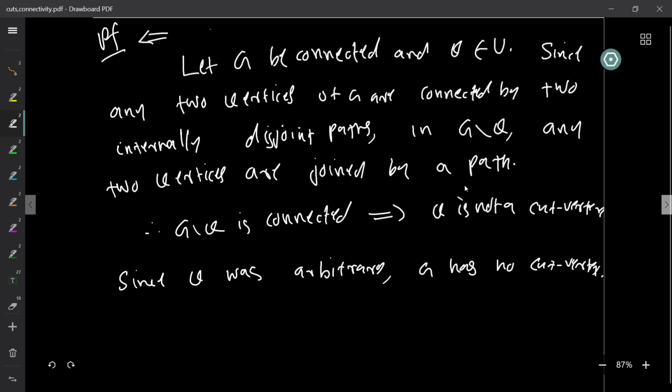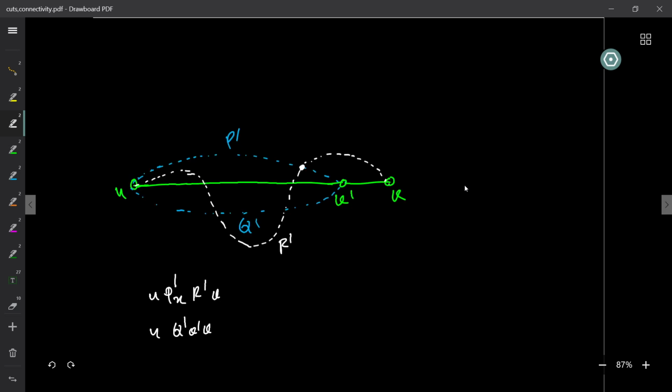To prove the second part, I use the help of this figure, which is easier to explain. If U and V were adjacent, we said that we have a cycle. That is our claim. Now suppose U and V are not adjacent.